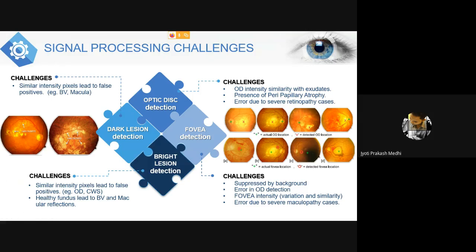So if you are using bright lesion detection by intensity algorithms, then although the images are normal, they are identified as retinopathic due to the presence of those reflections. So these are various challenges that we face during the analysis or detection of diabetic retinopathy using fundus images.